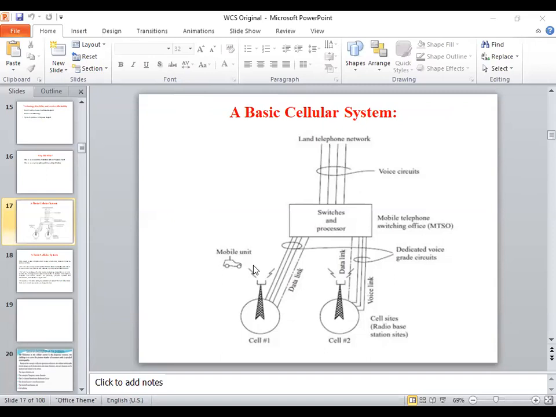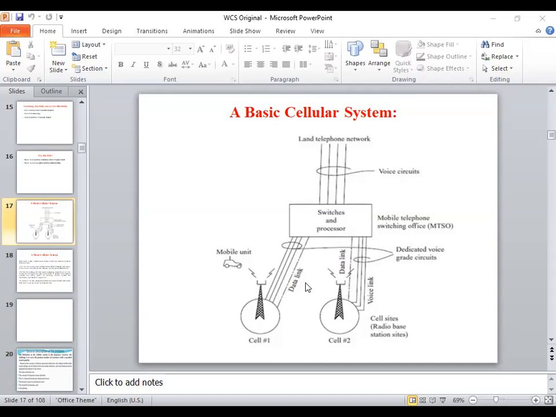Second is the cell site. The cell site provides the interface between the MTSO and the mobile unit, the link provided by this. It also has a control unit, radio cabinets, antenna, power plant, and data terminals.